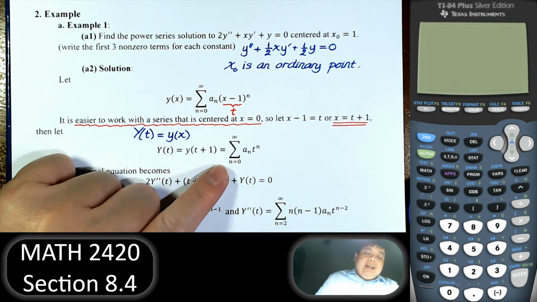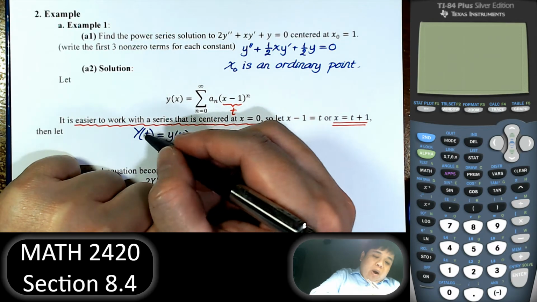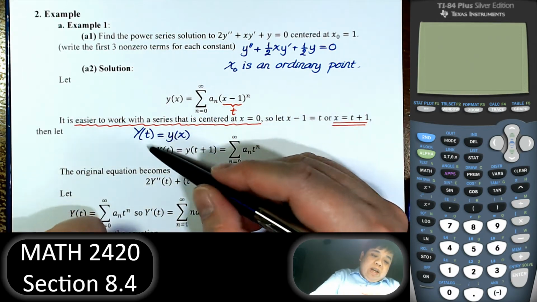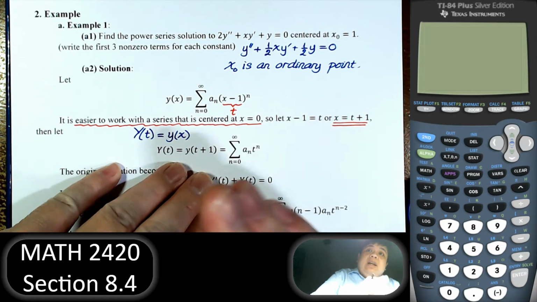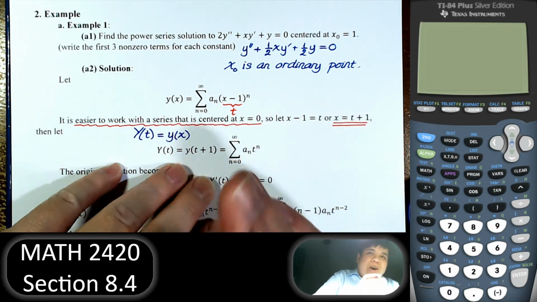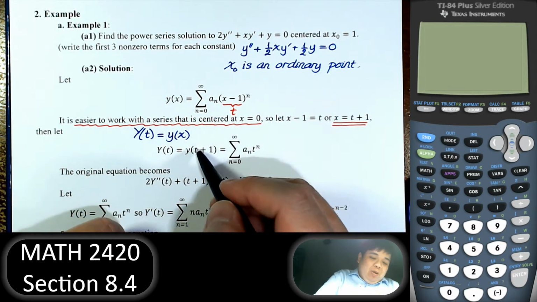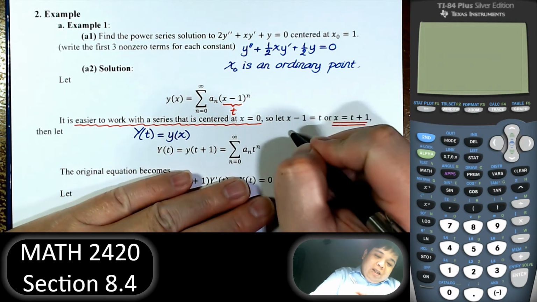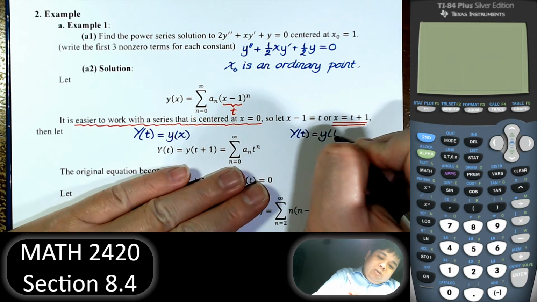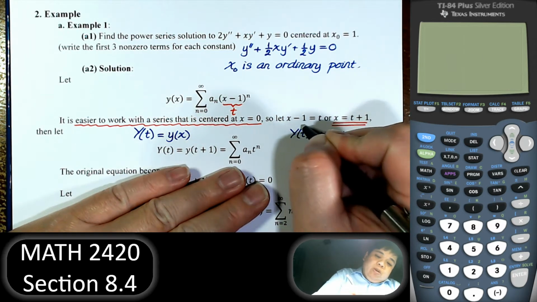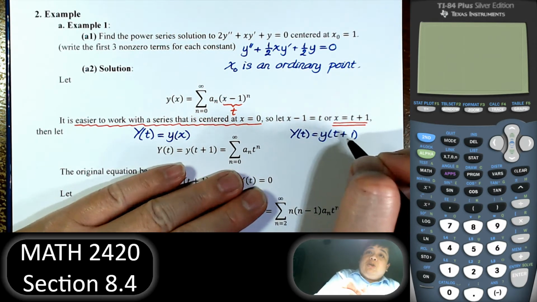And the nice thing about this is y of t equals y of x. So when we take the derivative, it's going to be just the same. If there were 2t, it would be a different story, but it's t plus 1, so that's perfectly fine. By the chain rule, if we write y of t equal to y of t plus 1 and take the derivative, the derivative of t plus 1 is still 1.